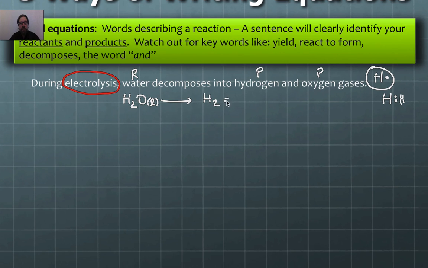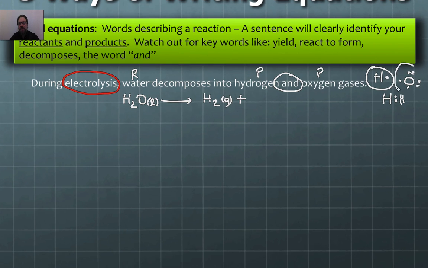Now, hydrogen at room temperature is also in the form of a gas, so we're going to put lowercase g in parentheses, and here is that word and, so like we said before, and will be represented by a plus. And then oxygen gases, one more time, oxygen is not just O, because if it was just O, it would have not 8 electrons, but 6, okay?